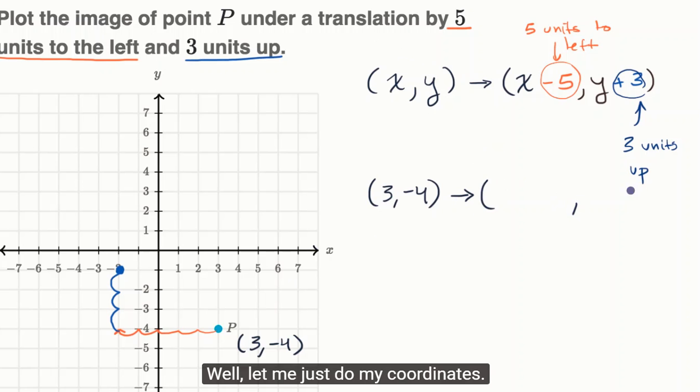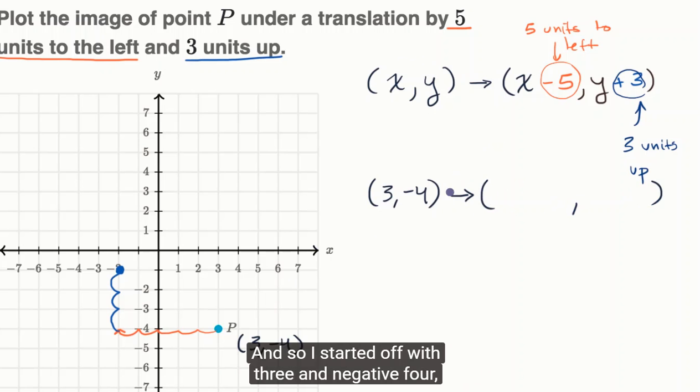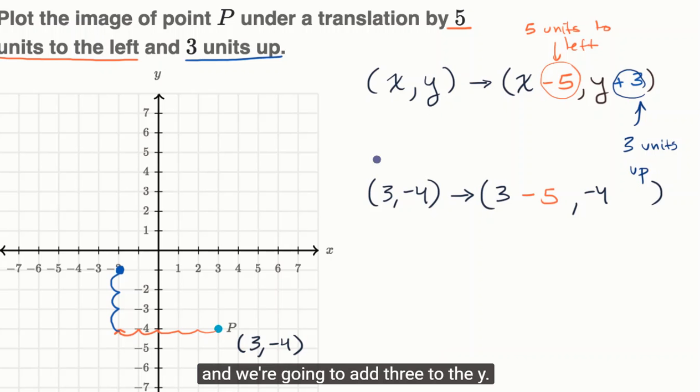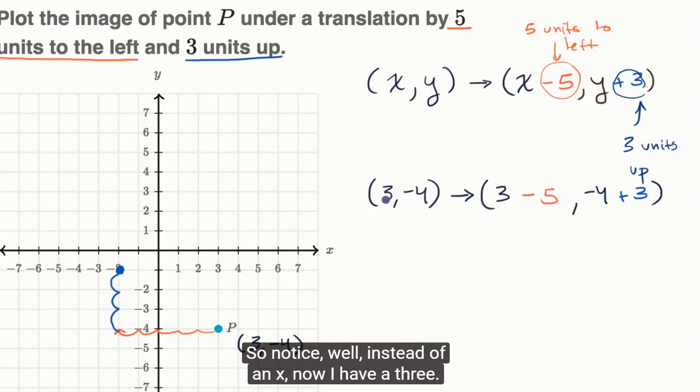Well, let me just do my coordinates. I started off with 3 and -4, and I'm going to subtract 5 from the 3. So subtract 5 here. And we're going to add 3 to the y. So notice, instead of an x, now I have a 3.